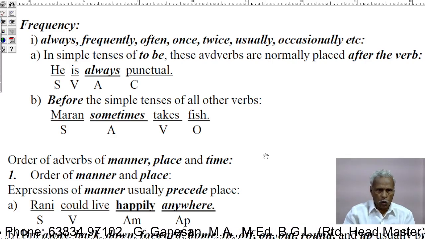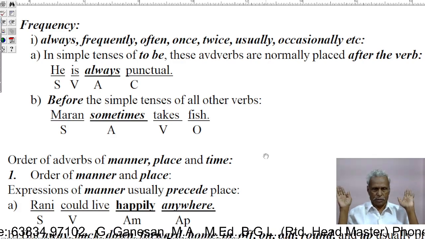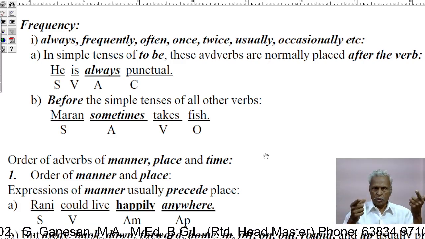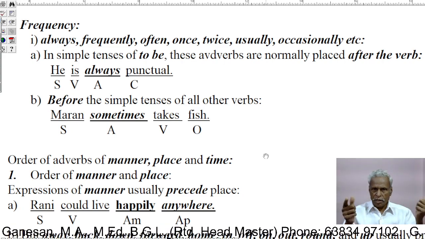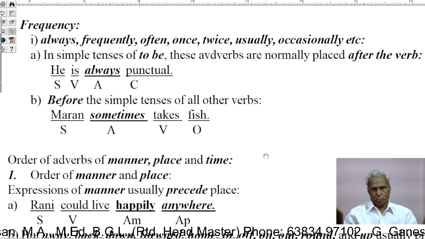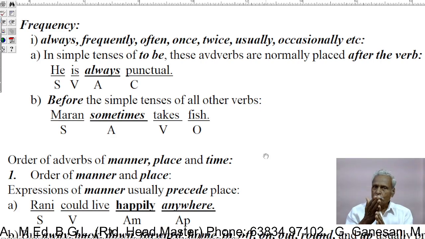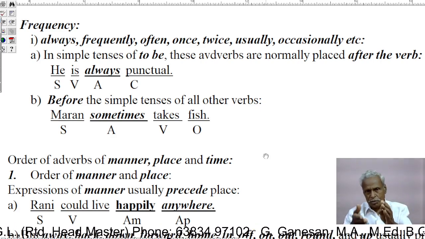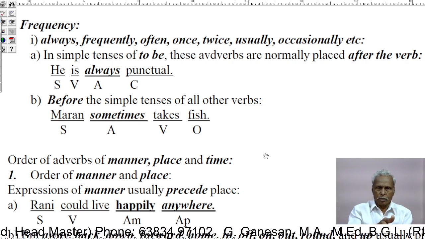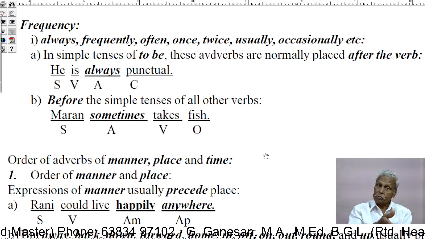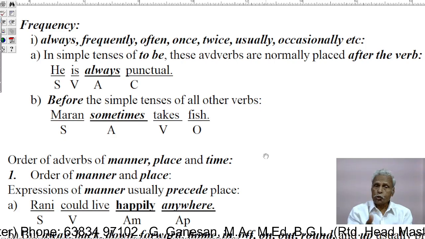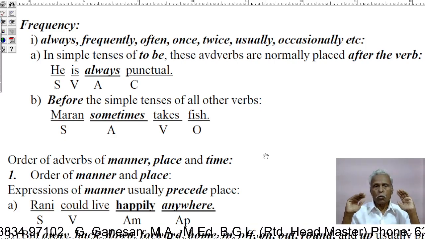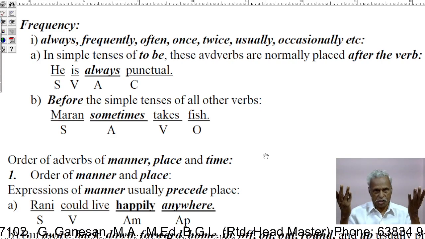Example: Moran sometimes takes a fish. Is is a be verb. Takes is not a be verb. So with be verbs, the adverb should be placed after the be verb. With other verbs, the adverbs of time and adverbs of frequency should be placed before the verb. So: Moran sometimes takes a fish.